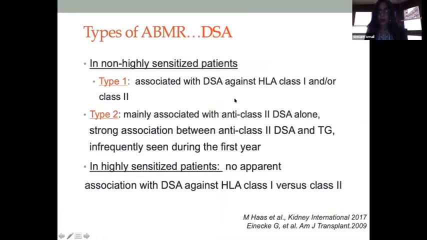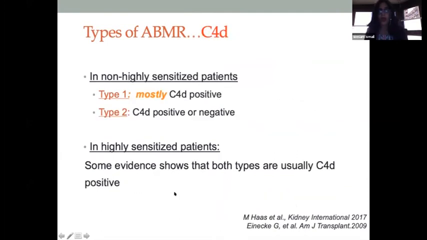Regarding DSA, type 1 usually presents with class 1 and class 2, while type 2 is usually related to anti-class 2. In highly sensitized patients, there is no difference. These patients can have class 1 or class 2. In relation to C4d, remember that type 1, the one which occurs early, is mostly C4d positive.